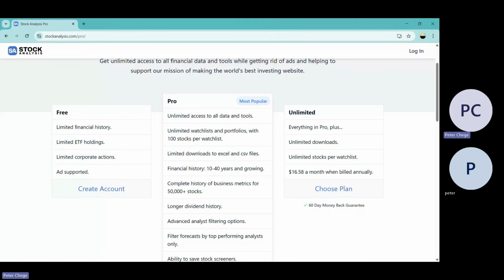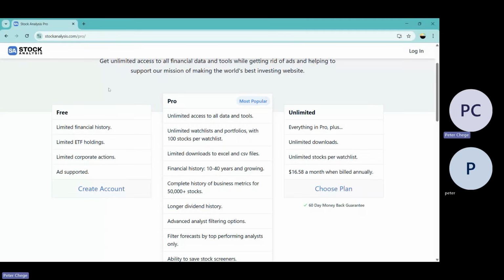This is what we want if you are a dividend stock investor. Also, you may want to see financial history and a bit of detailed analysis if you are a technical or capital gains investor. And there is also unlimited, where you choose the plan.